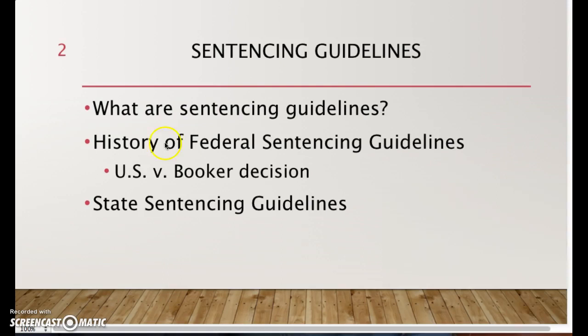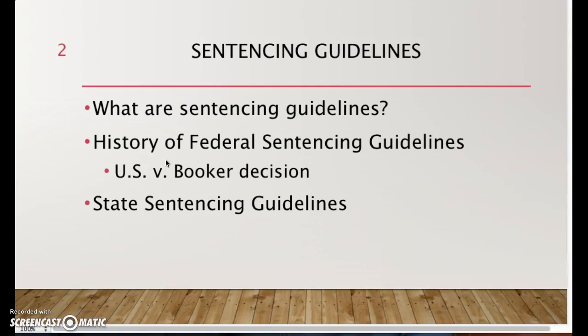Okay? So as we look at the history of the federal sentencing guidelines, when a person has been convicted of a crime, it is up to the trial judge to hand down a sentence, which may consist of a fine, restitution, and or some level of imprisonment.